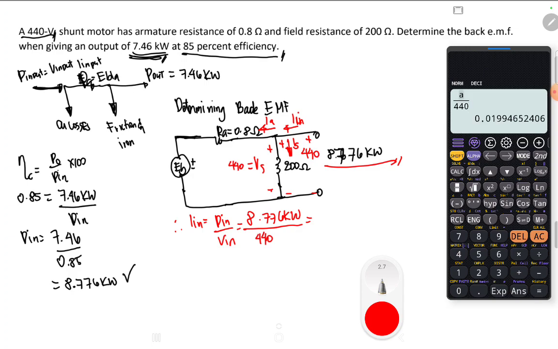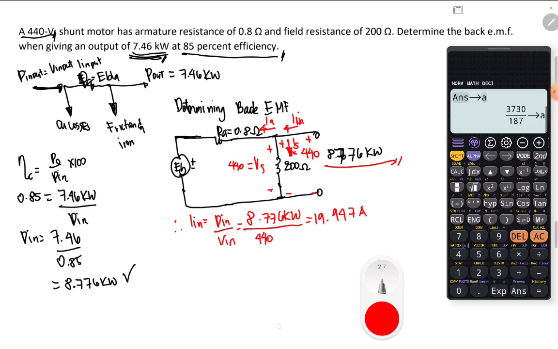This is times 10 raised to 3 because it is in kilowatt, right? So therefore we'll have a value equal to 19.947 ampere. Okay, so from this we have our I in.